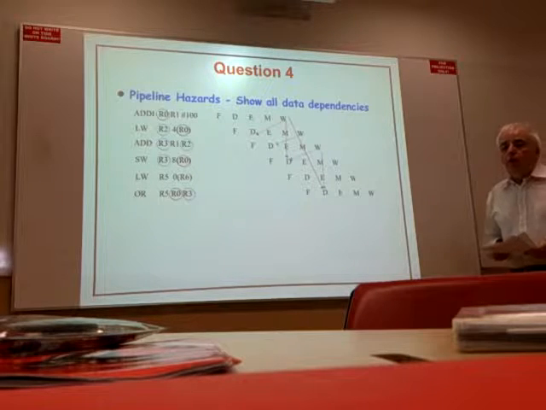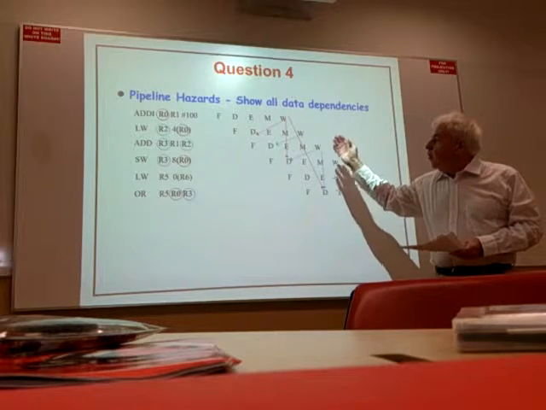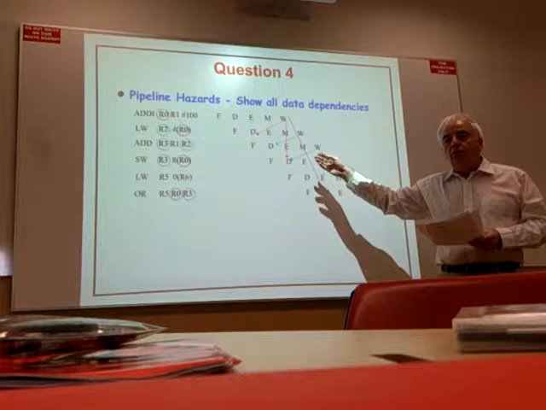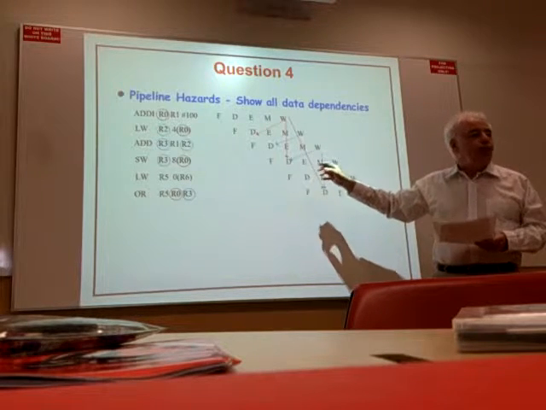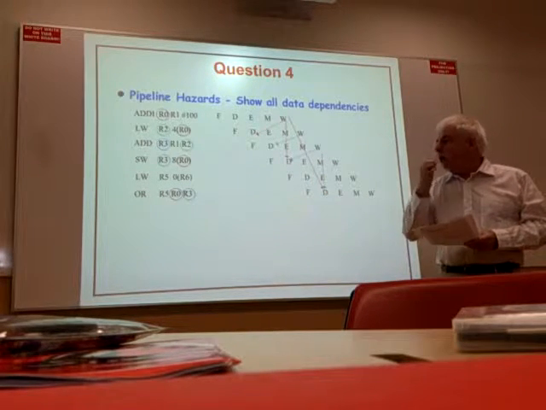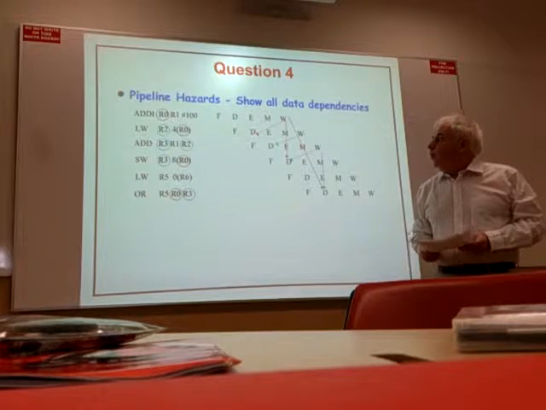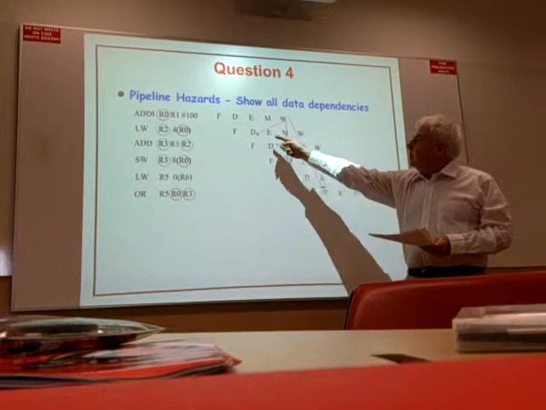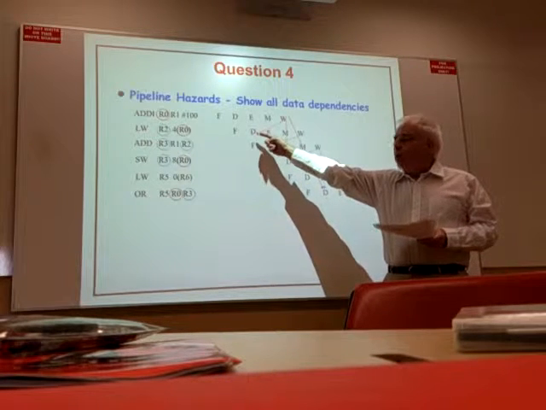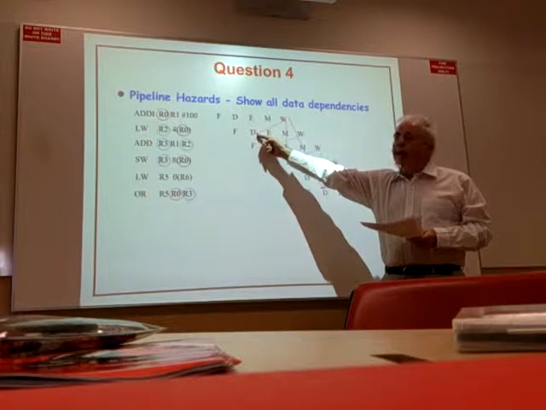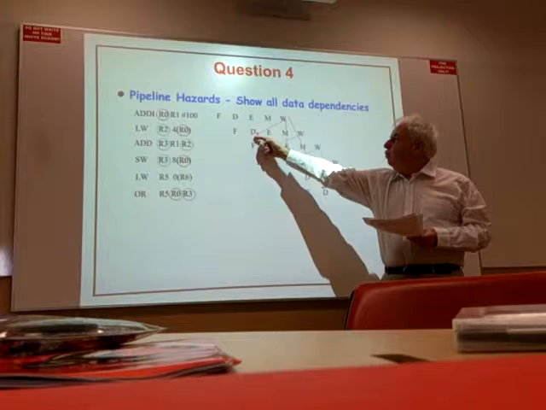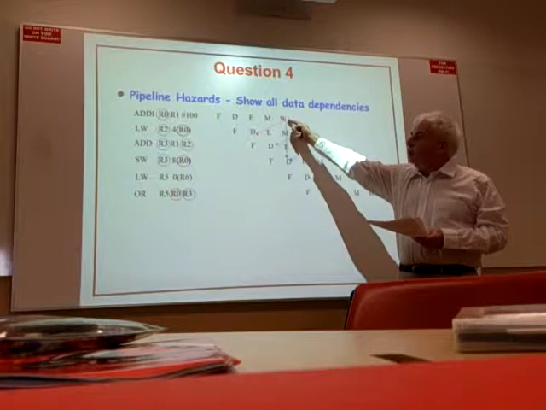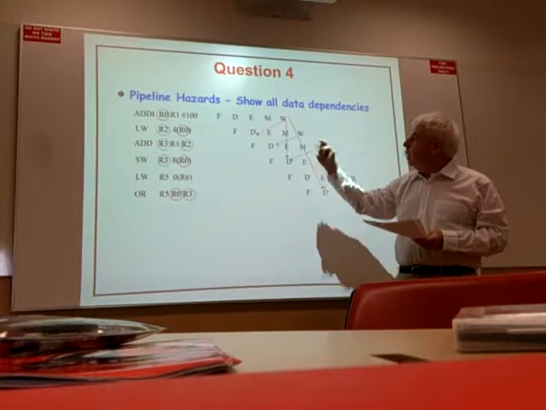Okay, so those are all the read after write data dependencies. We can see that this could cause us problems because in instruction 2, you want to use the value of R0 before you've actually calculated the value of R0 in instruction 1.